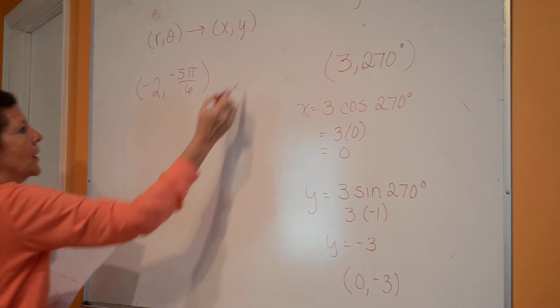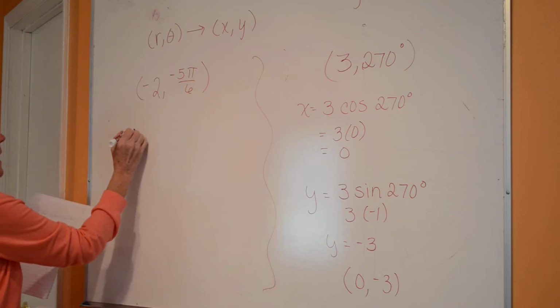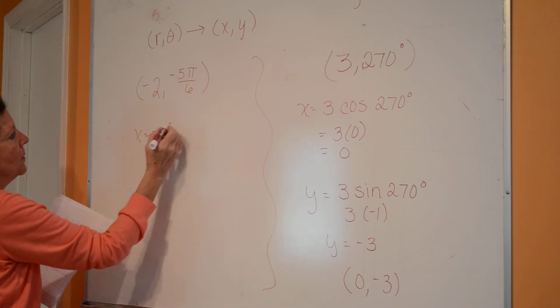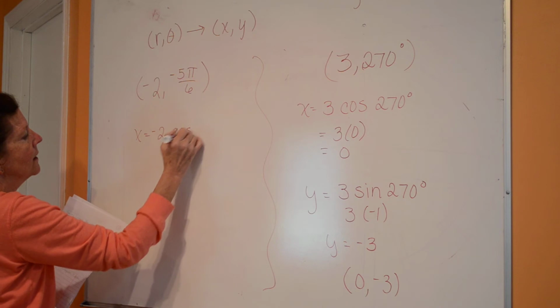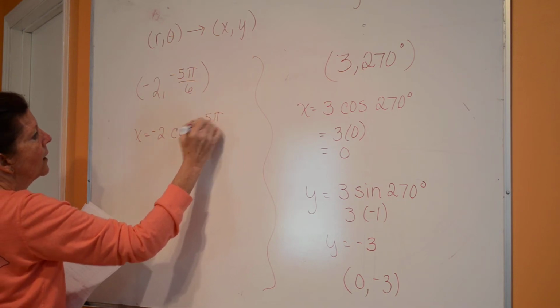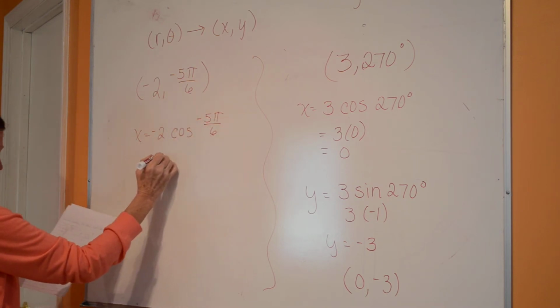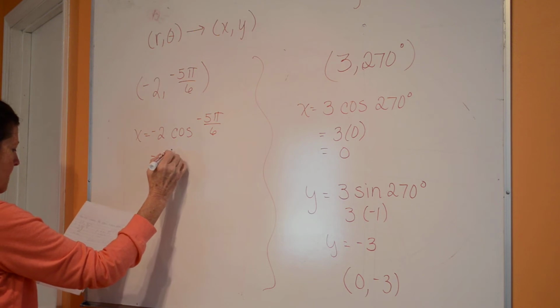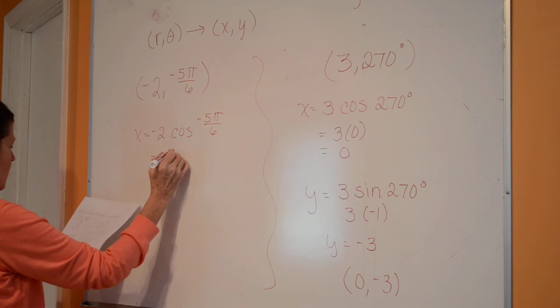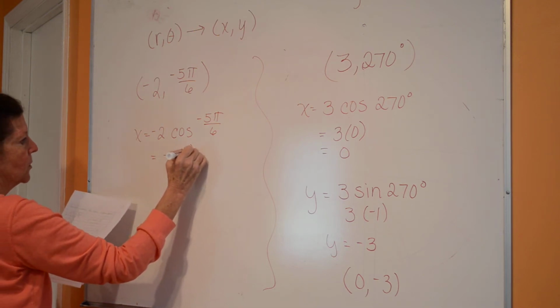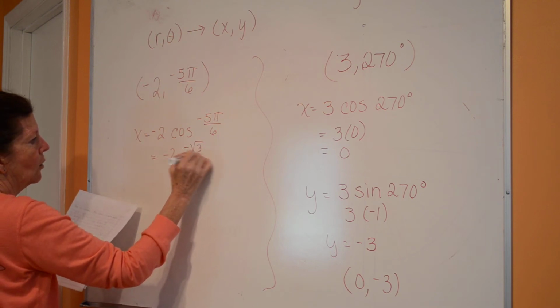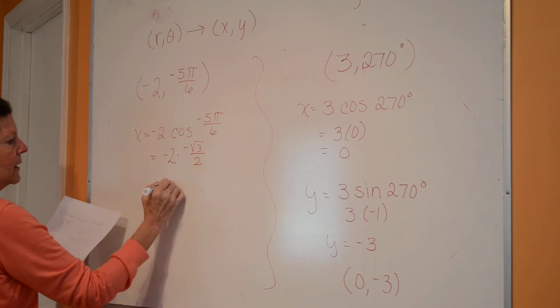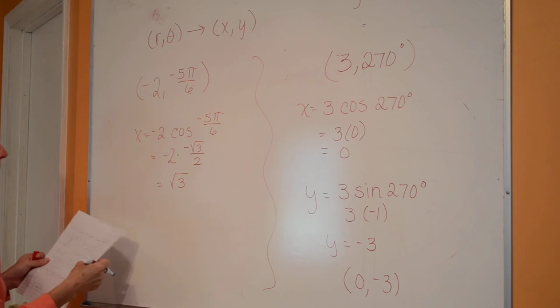All right, over here, I've got x is equal to negative 2 times the cosine of negative 5 pi over 6. So I have negative 2 times the negative square root of 3 over 2. That's going to give me a value of the square root of 3.